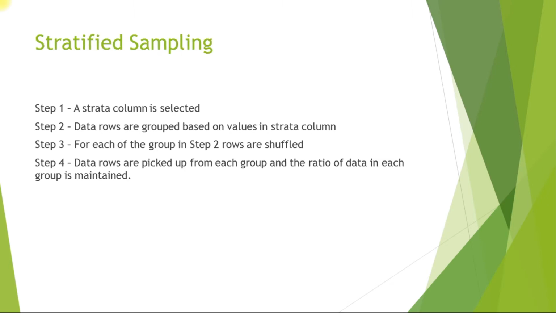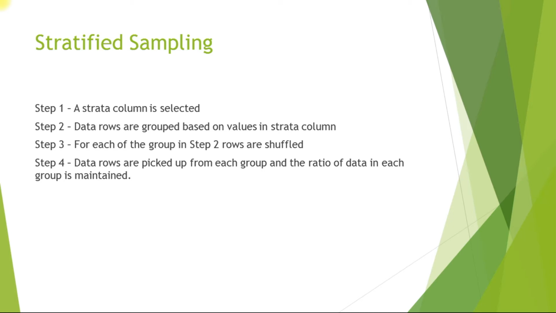Okay, so let us try to understand what stratified sampling is in the context of Azure Machine Learning Studio. When we select stratified sampling in Azure Machine Learning Studio, these are the steps that are performed. We will see in detail when we get into the studio. Step 1: a strata column is selected.